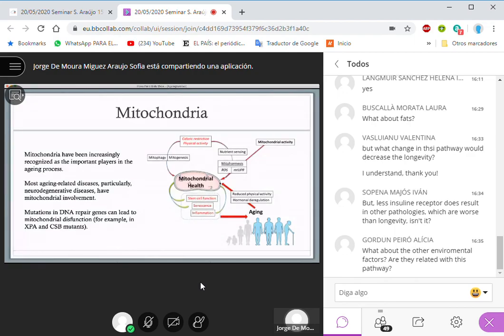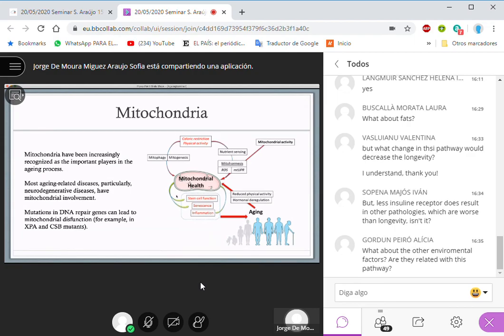And of course, how can mitochondria affect aging? In many different ways again, because mitochondria are also involved partly in nutrient sensing pathways. You have caloric restriction and physical activity, and that feeds into mitochondrial health. You also have mitochondrial metabolism, like mitochondrial fusion and fission, the way that mitochondria fuse and then divide again, and this is also a very important process for the energy metabolism of the cell.